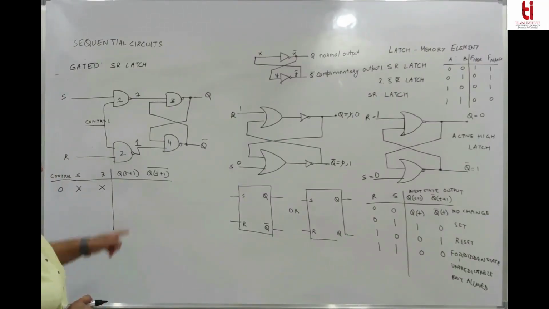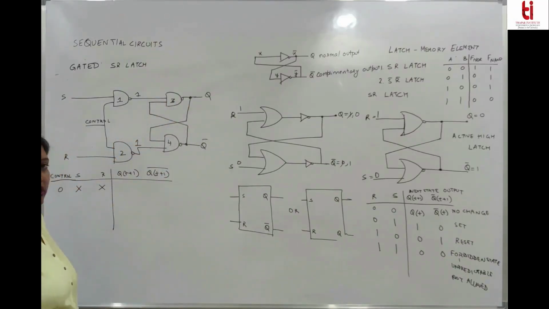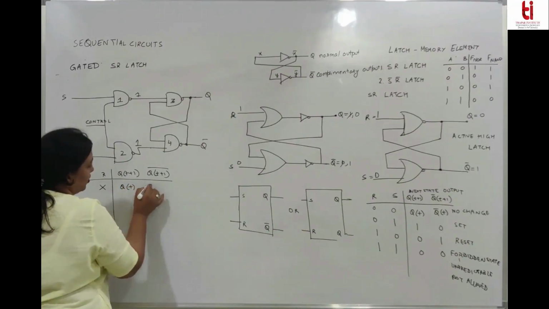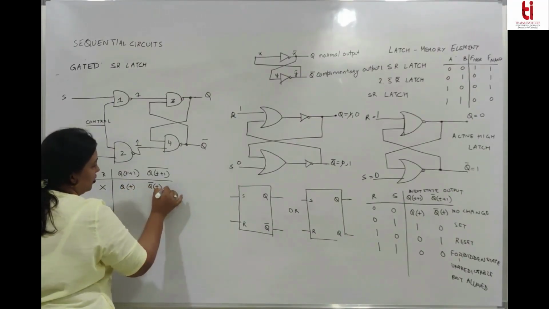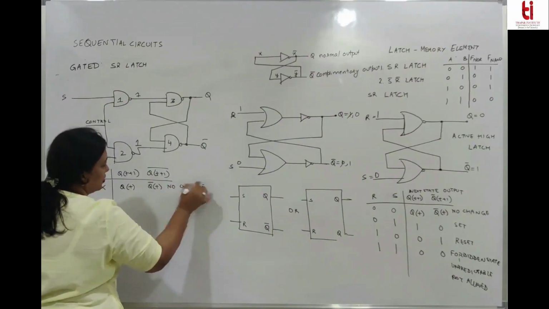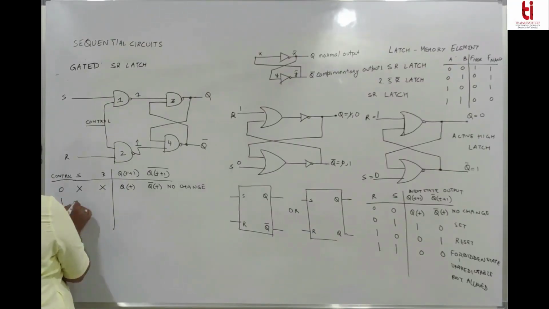And when they are 1, 1, what is Q and Q bar? It is the same as the previous value. No change, or unchanged. So when your control signal is 0, it is not affecting the output at all. When your control signal becomes 1, then only it will respond to your direct inputs.